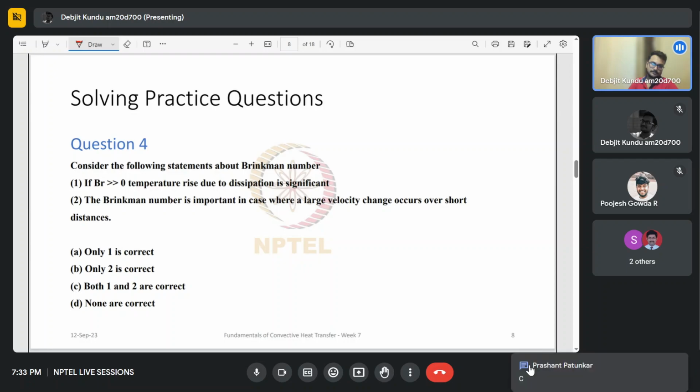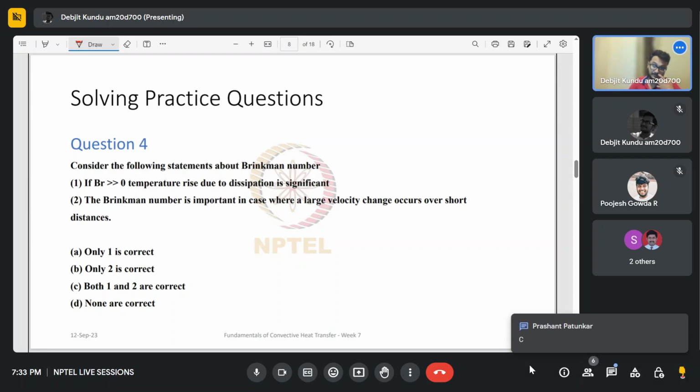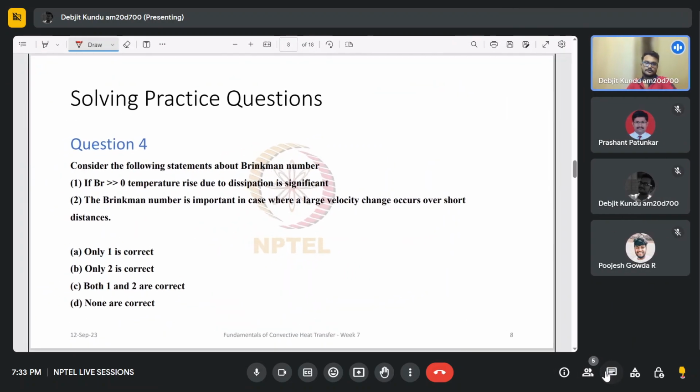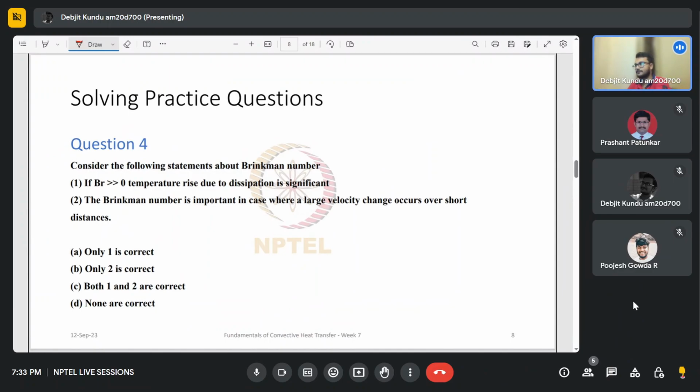So all possible combinations are there. So read the statements carefully first and then try to pick out the correct answer. So we have two responses in favor of option C.